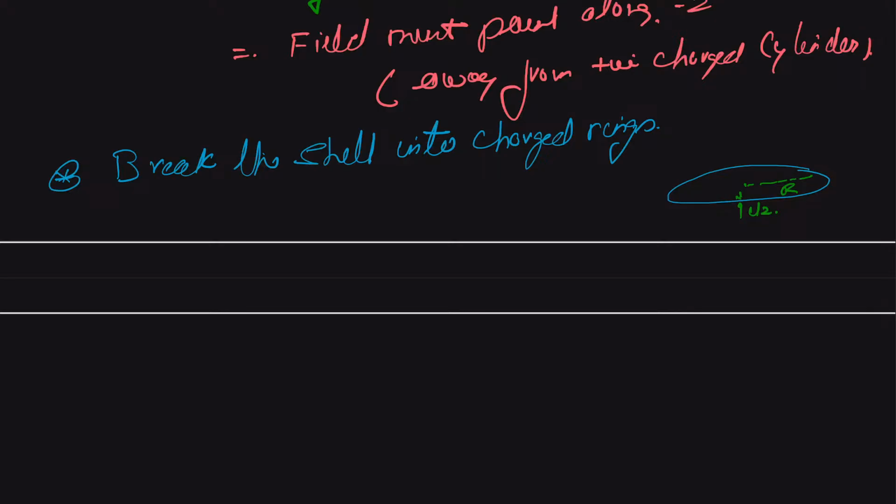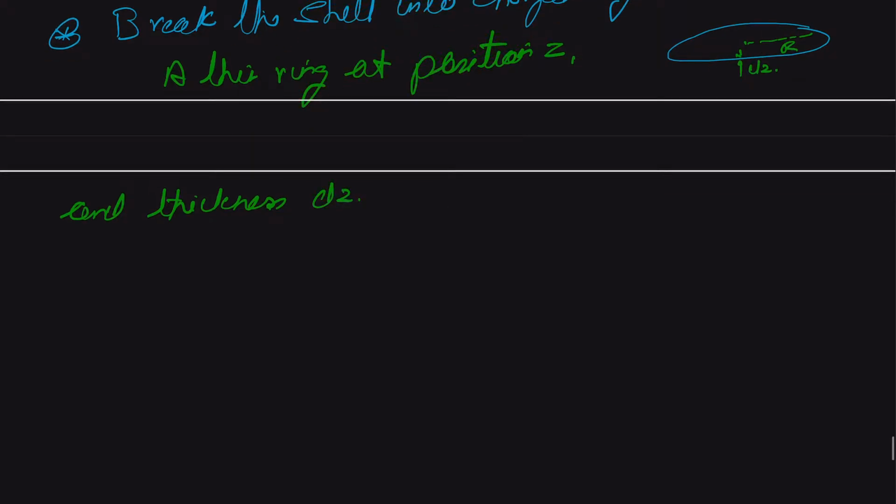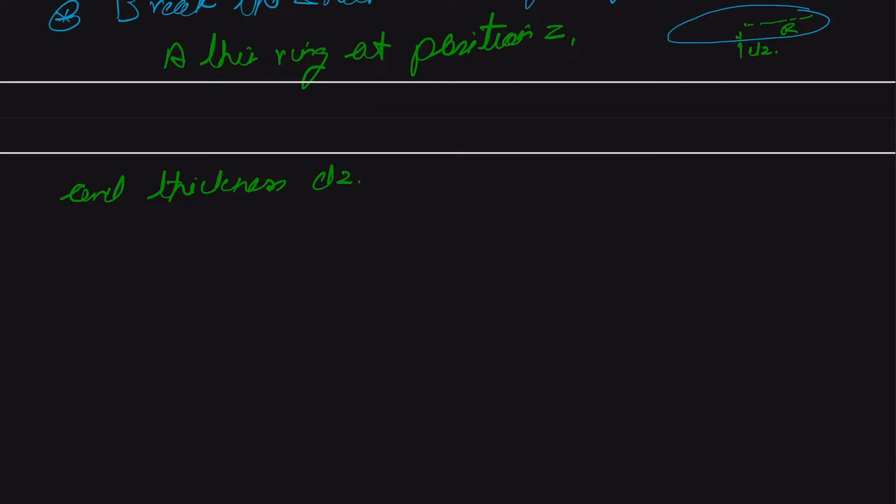So we say that a thin ring at position z and thickness dz. From here we can easily find out the surface area of the ring, strip rather, this shell.